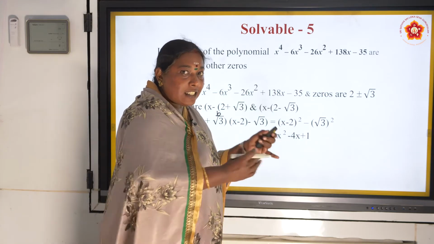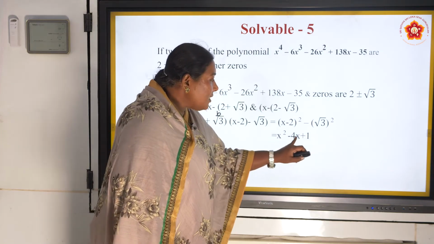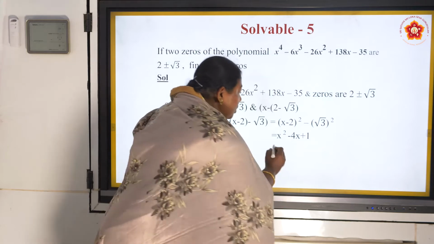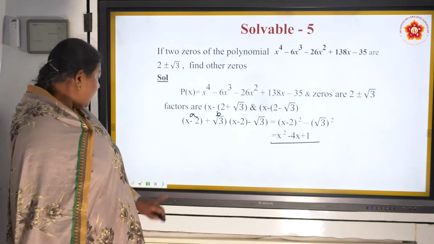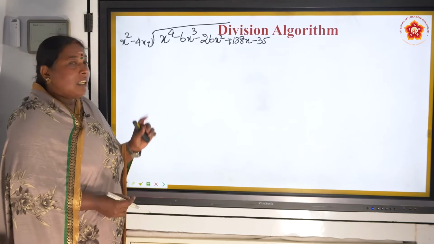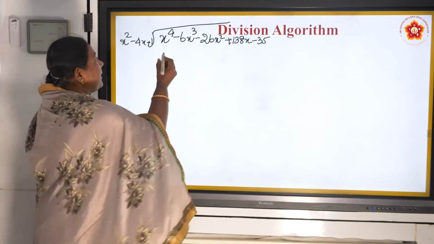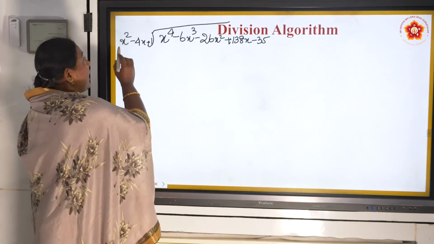If you expand it and calculate it, you will get the answer as x square minus 4x plus 1. So this is our factor. Okay. Now let us move on to the division. Now let us do the division. Here x power 4, here in our divisor x square is there.